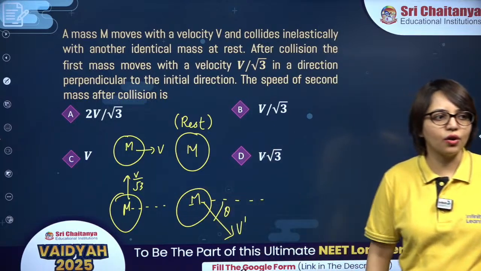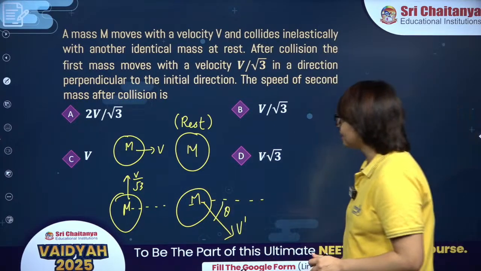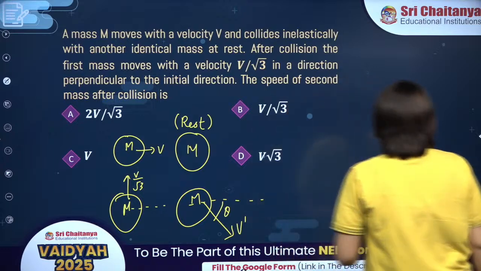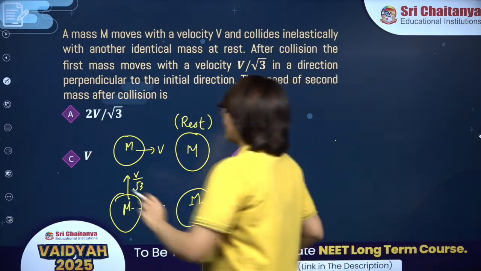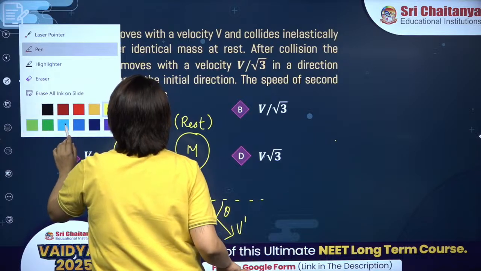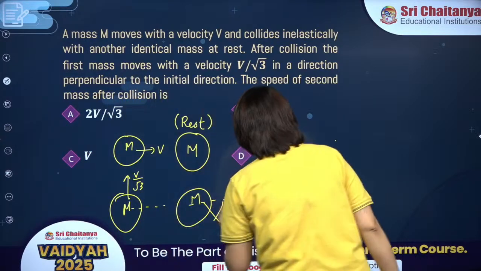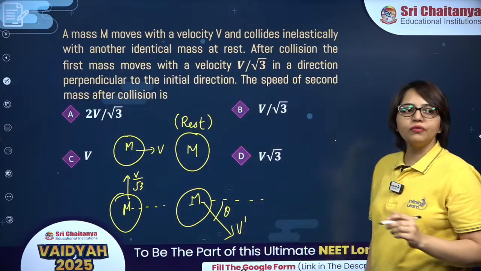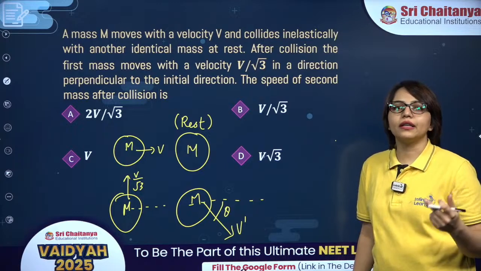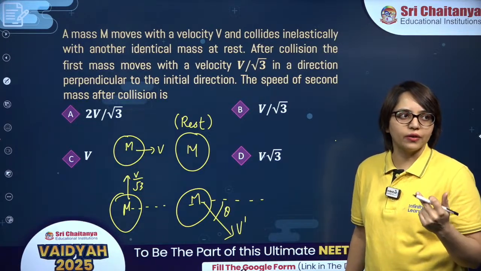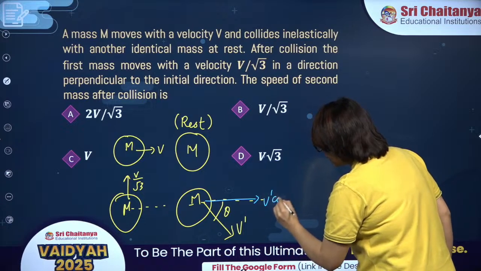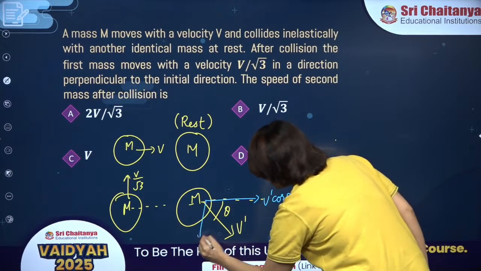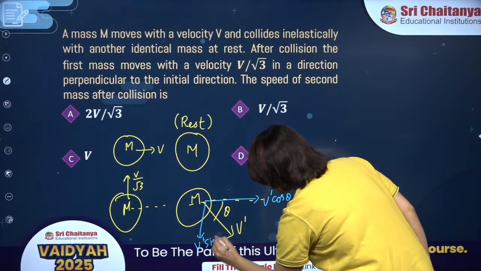First you have to find the components of velocity v dash in horizontal and vertical direction, because we are going to apply conservation of linear momentum in x direction as well as y direction. So this will be v dash cos theta and this will be v dash sin theta.